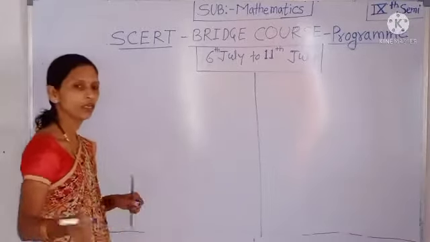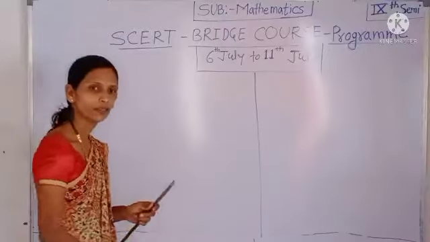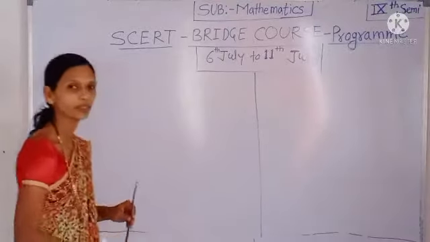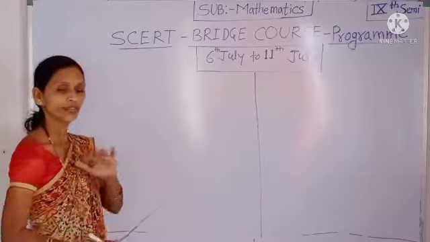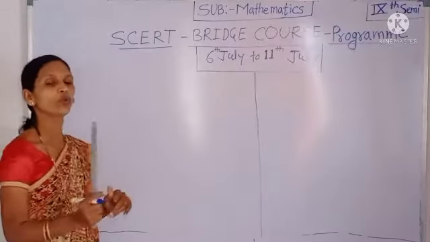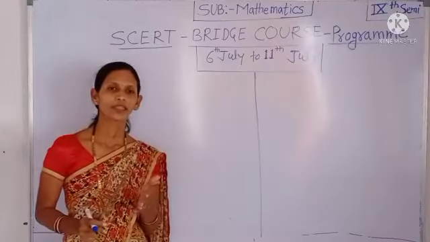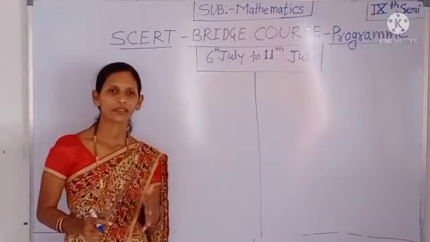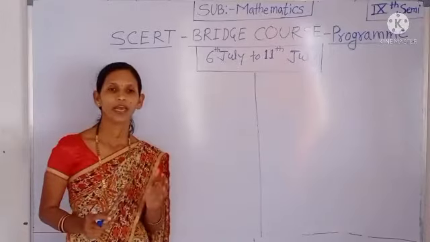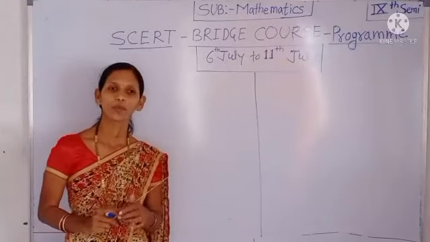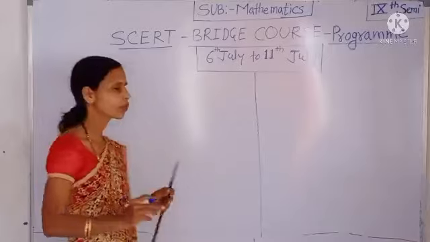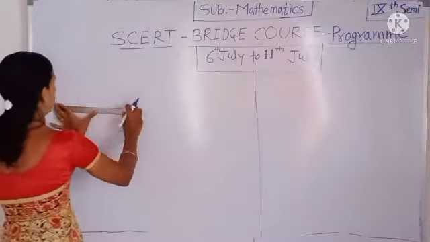First of all, we have to remind ourselves of those concepts. We have to find the corresponding angles, interior angle pairs, alternate angle pairs as well as vertically opposite angle pairs from the given figure.